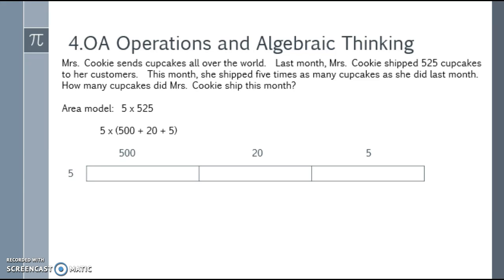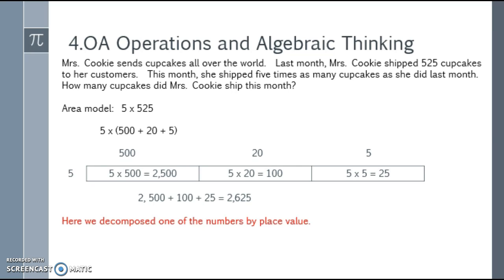So then I can take 5 times 500, which is 2,500, 5 times 20, which is 100, and 5 times 5, which is 25. Adding them all together, I see that it would be 2,625 cupcakes that she shipped this month. Notice that we decompose the numbers, and then I use the distributive property to share 5 amongst all of them.